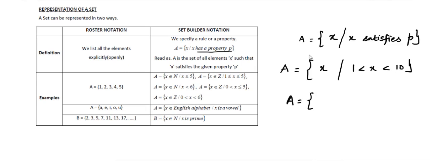See, blindly speaking, many people will be writing the elements like this. For example, 1 less than x less than 10 means x must be greater than 1 and it must be less than 10. So many people will be writing like this: 2, 3, 4, 5, 6, 7, 8, 9.